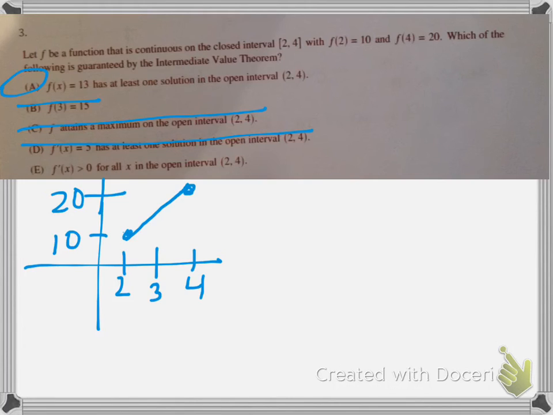If the derivative is greater than 0, that means that this function has to be increasing all the time. Well, that's how I drew the picture, but I could have drawn it differently. So here's my 10. For all I know, my picture looks something like that. So it's not always increasing. So the answer was indeed A.